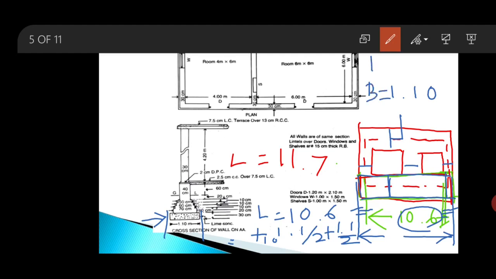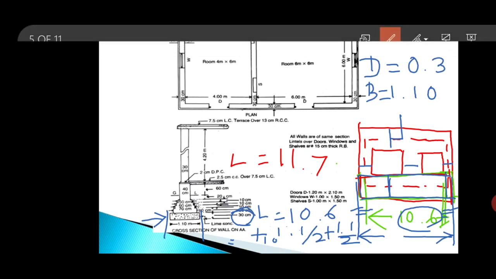Then come to the depth part. The depth means thickness of this cement concrete work. It is written in the cross section of wall. So here it is written that the thickness of the concrete work is 30 centimeter. So thickness or depth will be 0.3 meter.